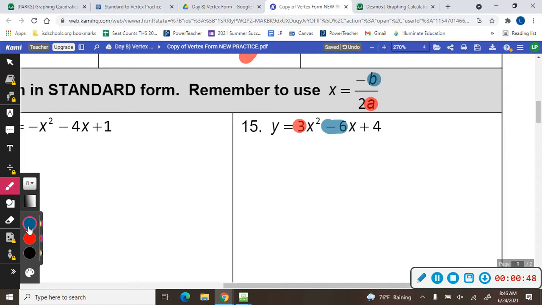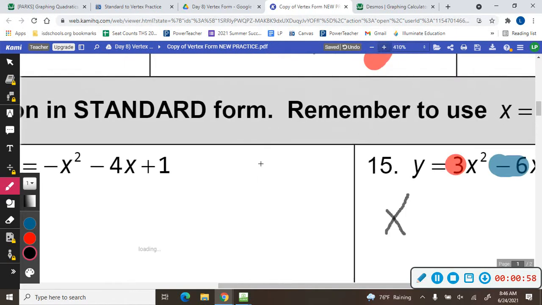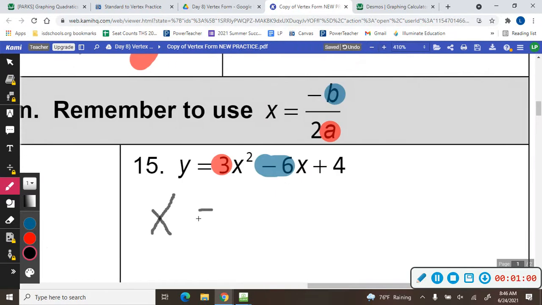And so when I plug in, and this tells me the x value of the vertex, I have x equals negative all over something, 2 times something. And we just said what goes here is the b value. That'd be negative 6. What goes here is the a. A is 3.